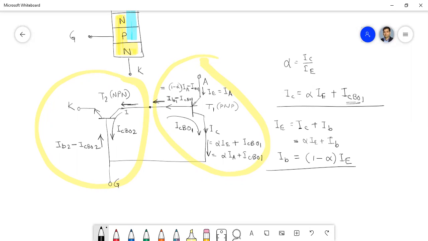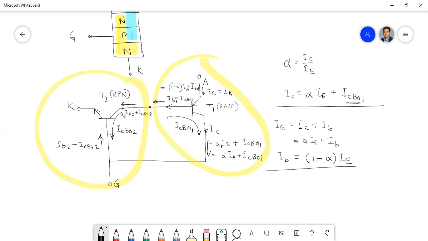So what plus is the saying? IC2 plus ICBO2, correct. So that means ICBO2. Now what is IC2 in terms of IE, or rather IE2? Alpha IE2, correct. So not alpha, we should write alpha 2 IE2.